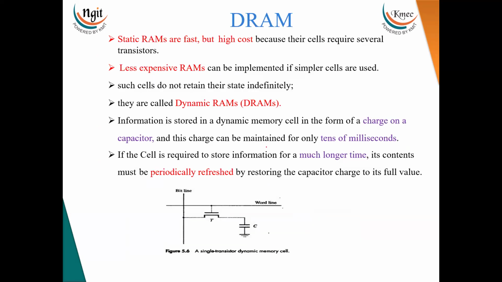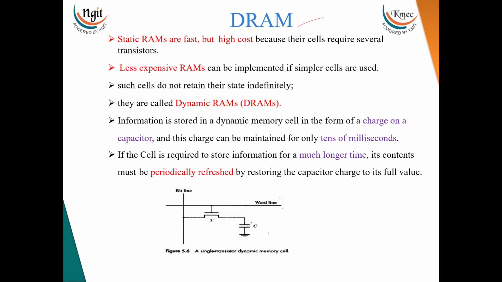Now coming to the DRAM. SRAMs are very fast and high cost because their cells require several transistors. Now less expensive RAMs can be implemented if simpler cells are used. That is nothing but a DRAM. If you see the circuit of DRAM, it has one transistor and one capacitor.